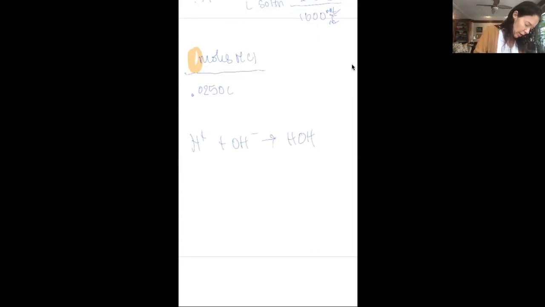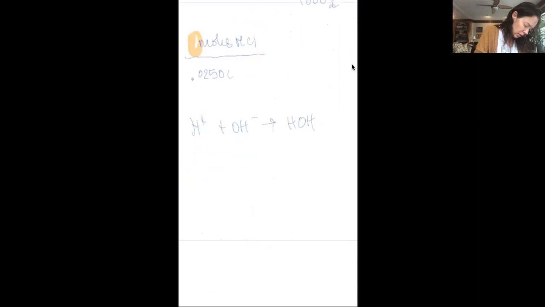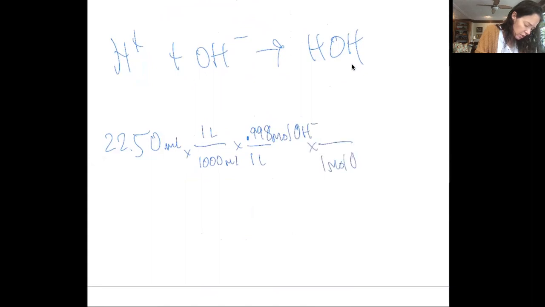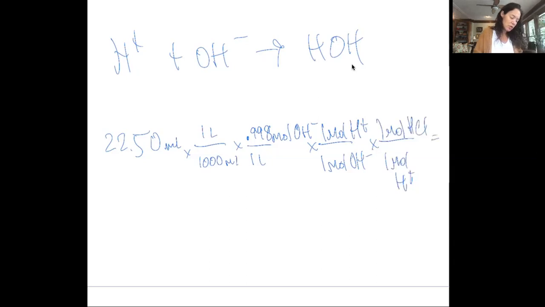So I know that 22.50 milliliters, 1,000 milliliters, 1 liter. According to molarity, 1 liter is 0.998 moles. Moles of what? Moles of hydroxide. We know that every 1 mole of hydroxide reacts with 1 mole of hydrogen ions, and that there is 1 mole of hydrogen ions in every 1 mole of HCl, right? That just shows everything.